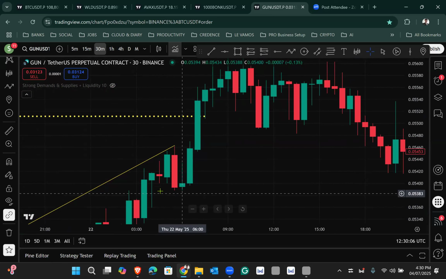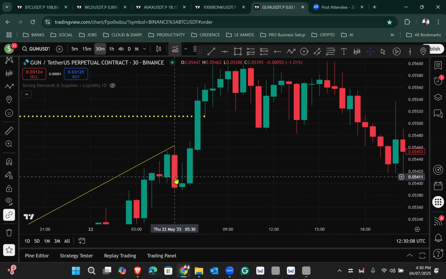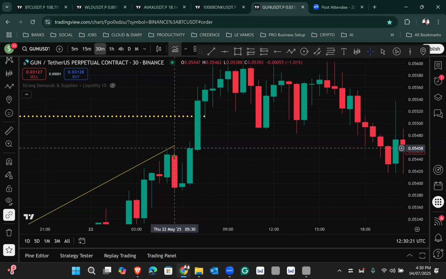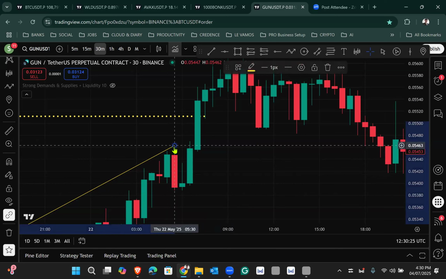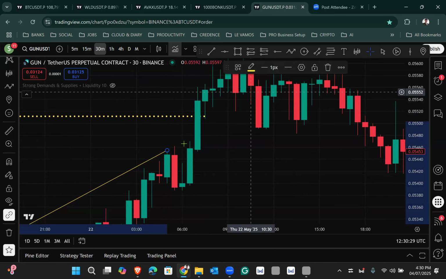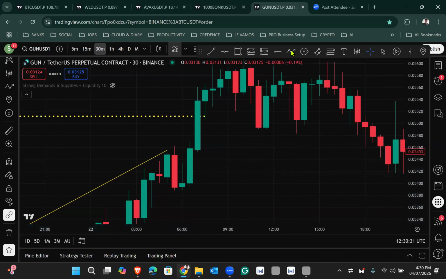Now if I see the candle here, this red candle, if you check the previous candle, it is lower than the previous candle, the candle to the left. Okay, because that candle to the left is higher than the candle to the left of it.